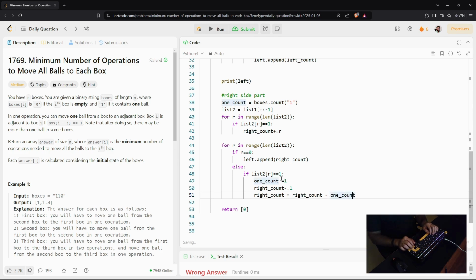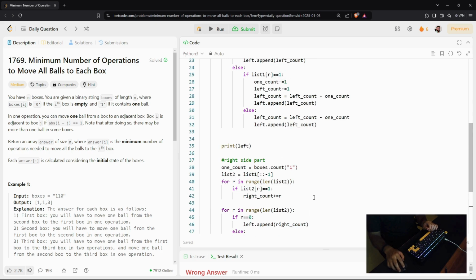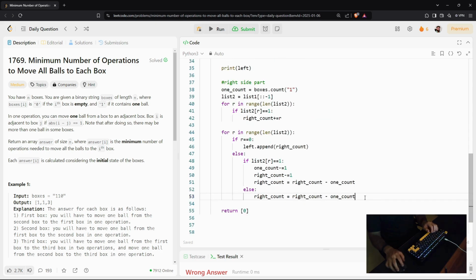Or if that's not the case, then it's simply right count minus 1 count. And either way we are going to have to append that to the right list that we have.